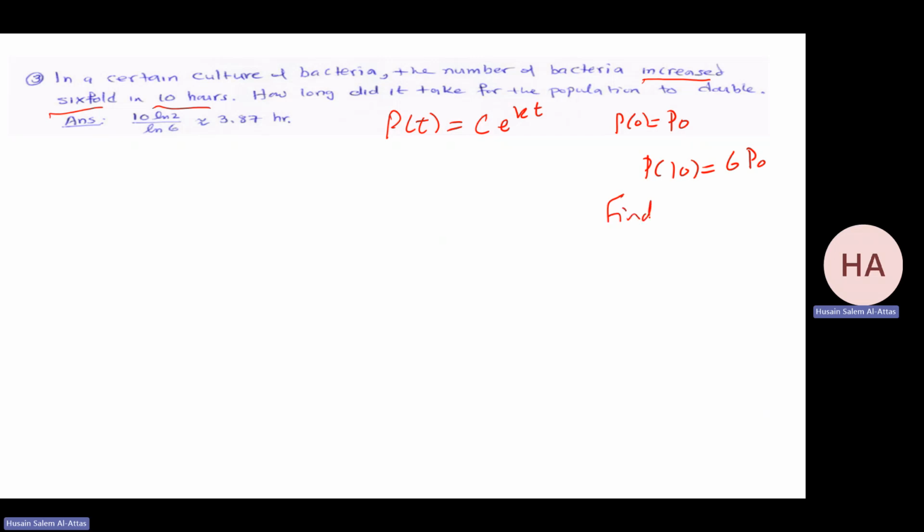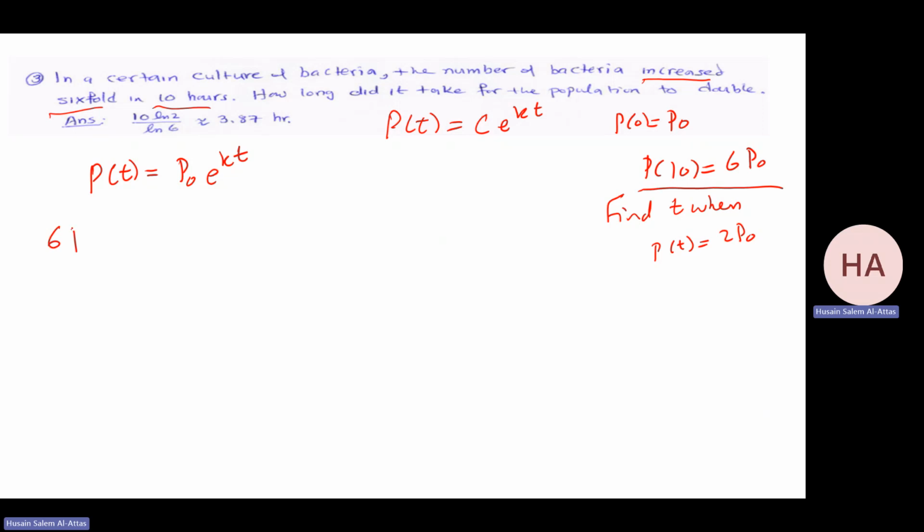Find T, which is find T when B of T equals 2 B0. Okay, so I have B of T. I know C is B0, so B0 e^(kt). I'll use this to find K.